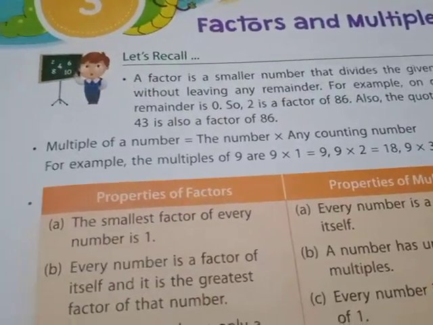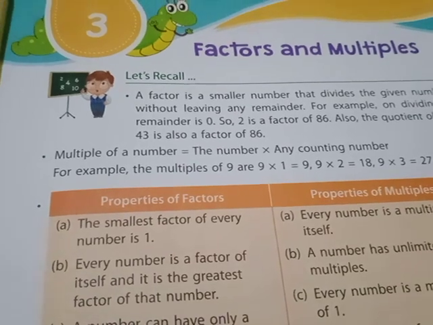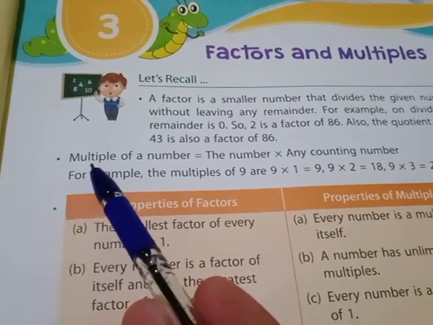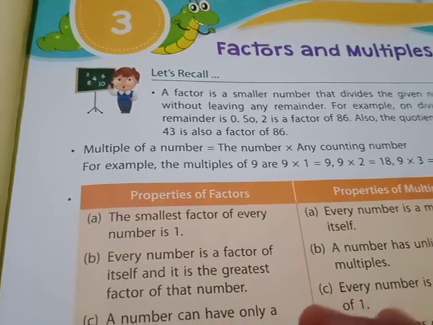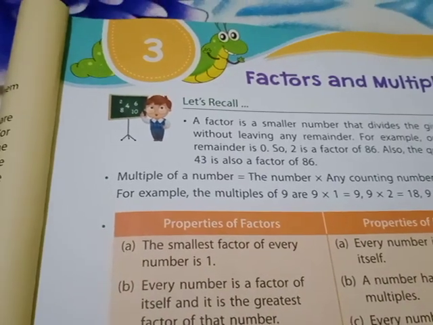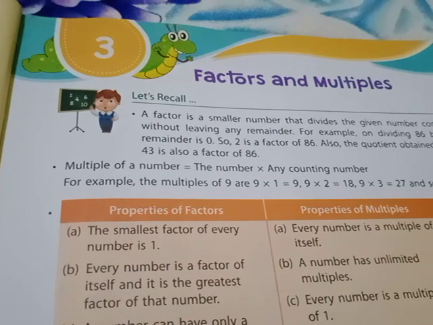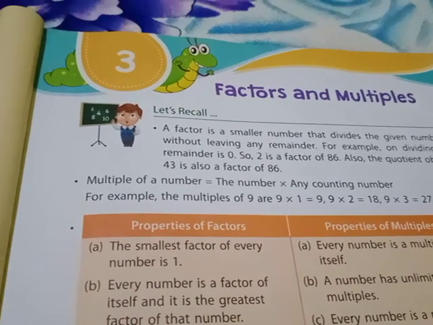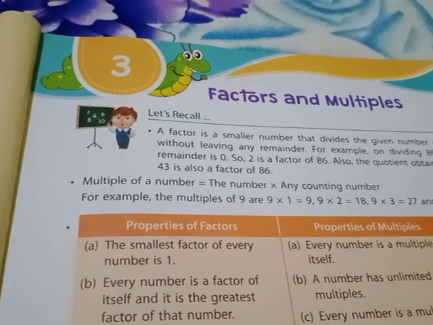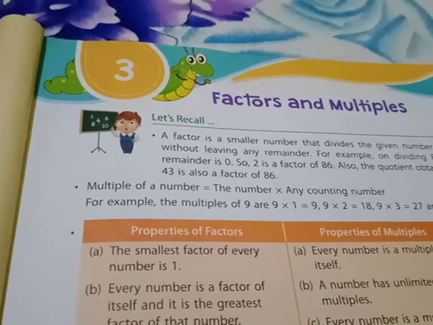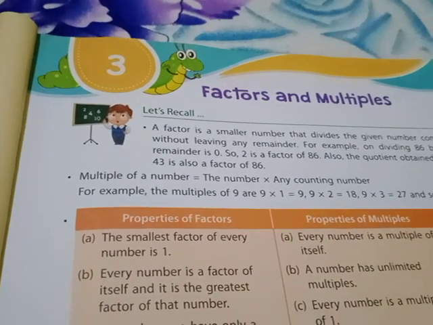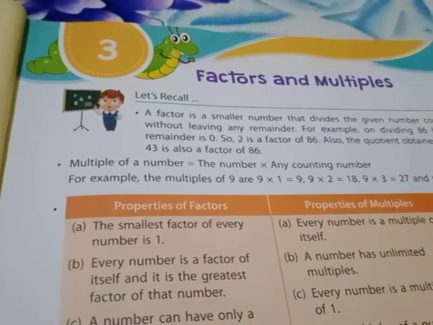Then multiple is just the opposite of factor. Multiple means in the given number's table, what all numbers are coming. Suppose 48's multiples you have to write. So in the table of 48, what numbers will come? 48 multiplied by 2, 48 multiplied by 3, 48 multiplied by 4.